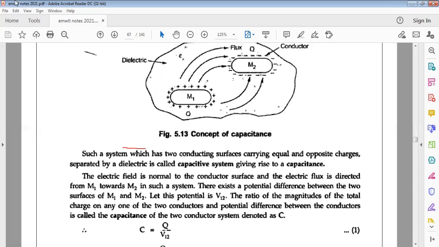In such a system, there exists a potential difference between the two surfaces of M1 and M2.